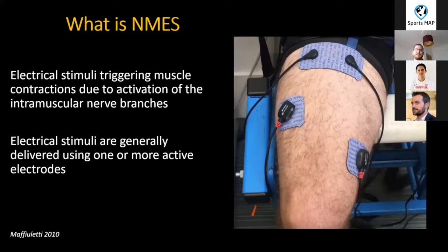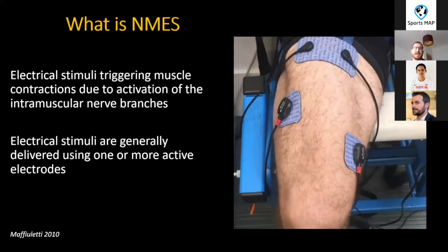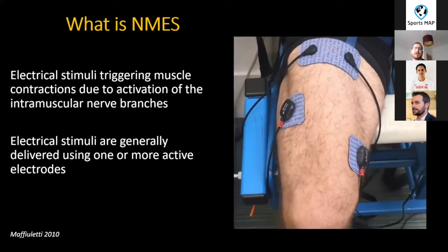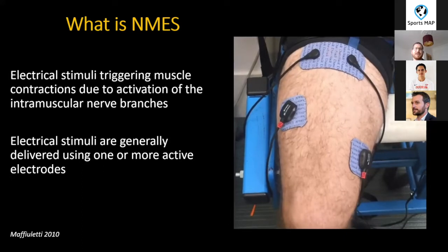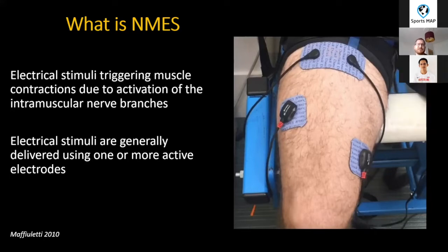It involves the application of electrical stimuli to superficial skeletal muscles, and this triggers muscle contractions, which you can see here. And it does this by activating the intramuscular nerve branches. So electrical stimulation has been attempted in cases where there is inhibition after injury due to its ability to induce action potentials in the motor nerves and override inhibition.